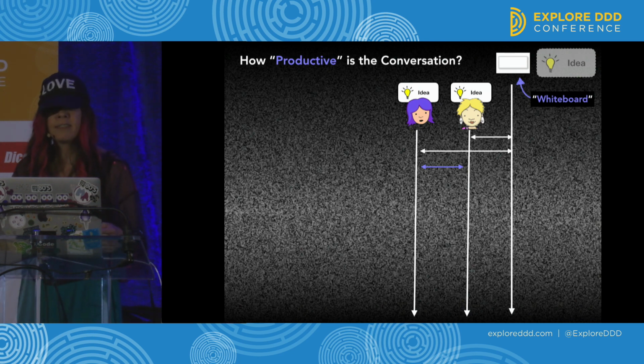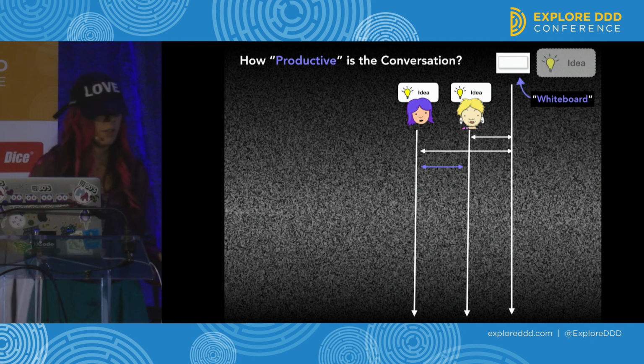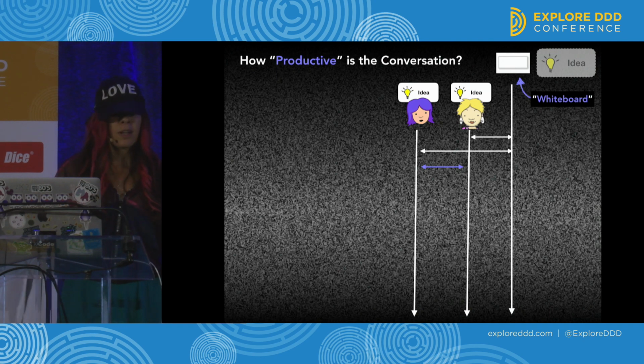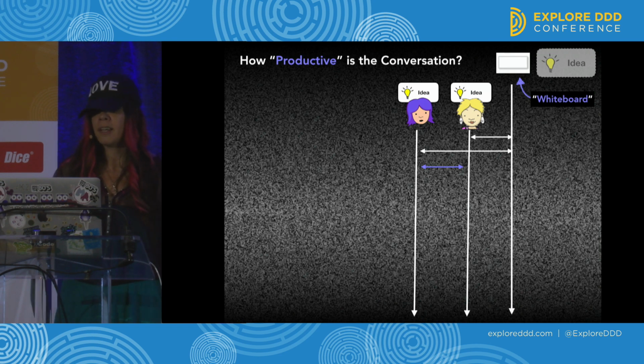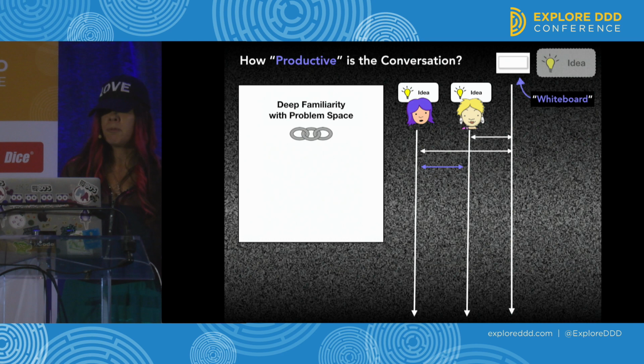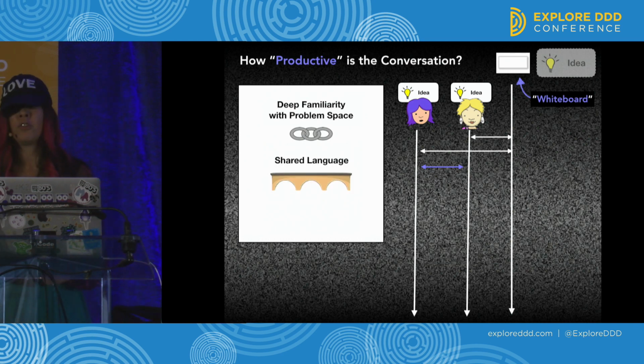So here I have me and Sally, and we're working directly together on this design discussion. And here we've both got different ideas, and we can throw our ideas up on the whiteboard and work together to make progress on this design discussion. And in this context, we've both got deep familiarity with the problem space. We've got a shared language.